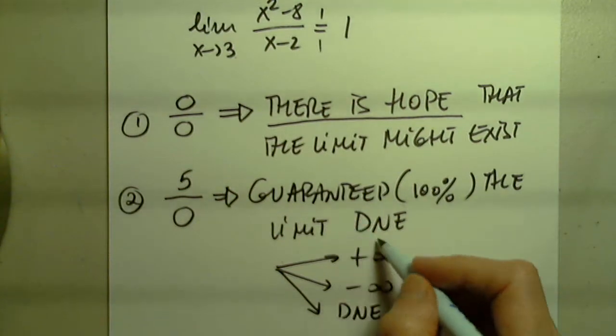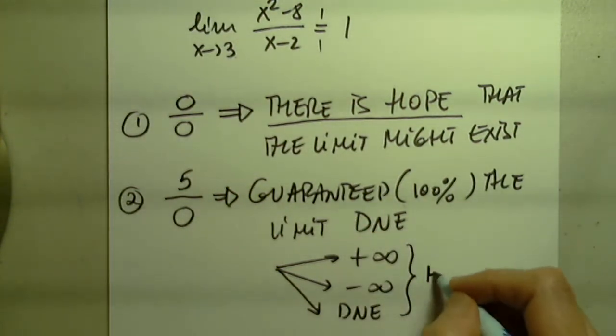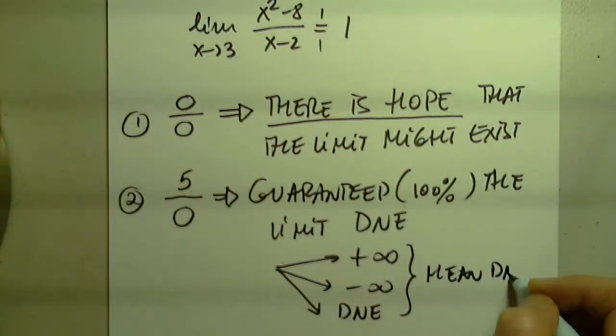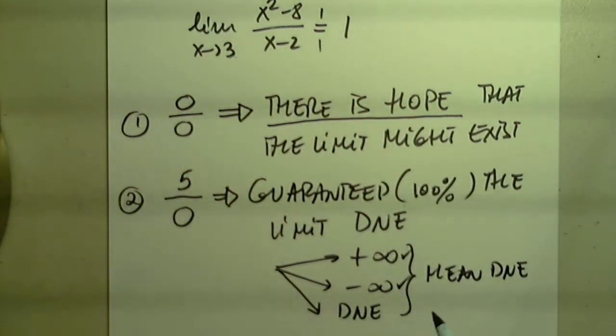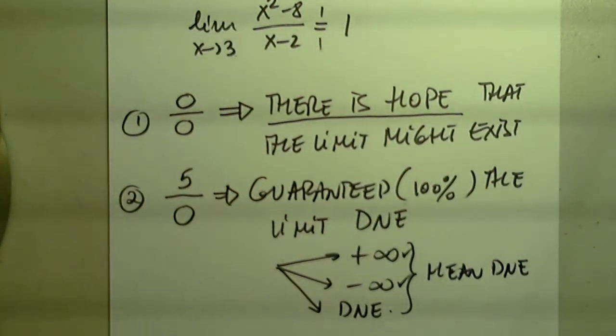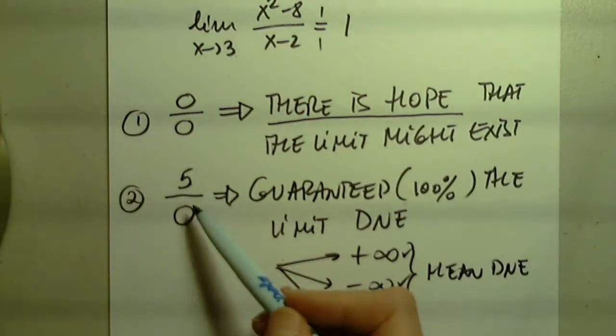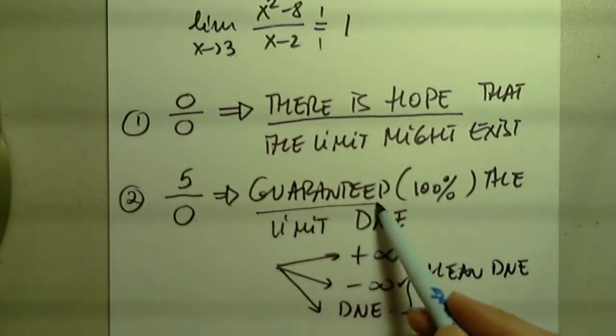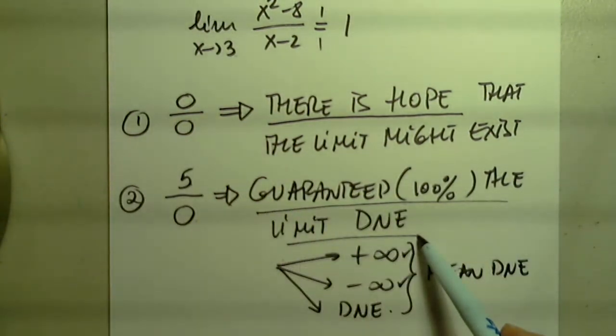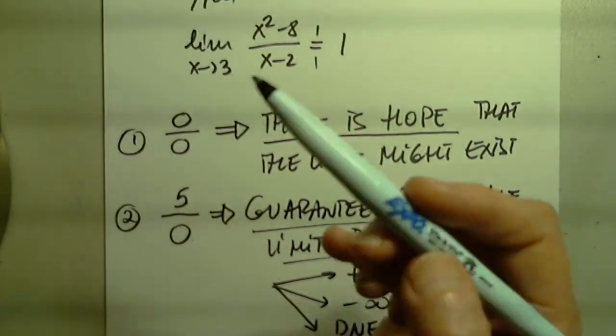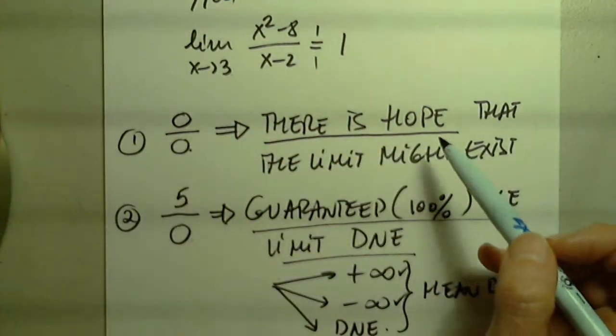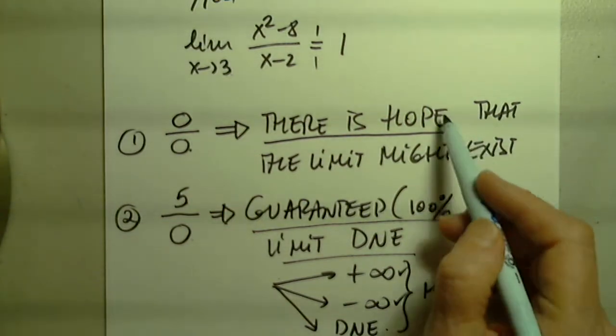Not necessarily DNE, but all of them mean the limit does not exist. But for this one I cannot write DNE, only when they are going in opposite directions or different numbers. So if I have any number over 0, it's guaranteed not to exist forever and ever. If I have 0 over 0, there is no guarantee that the limit exists, but there is hope.